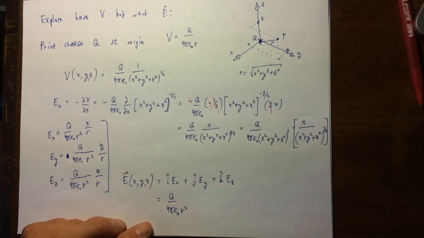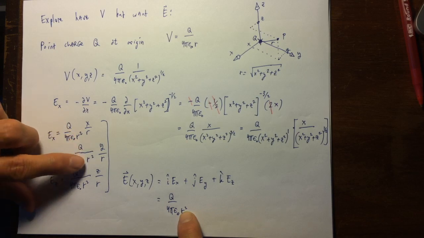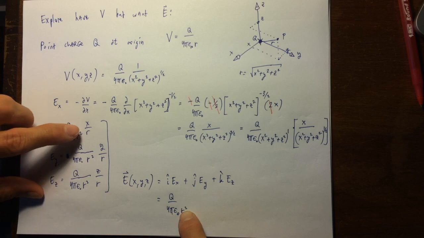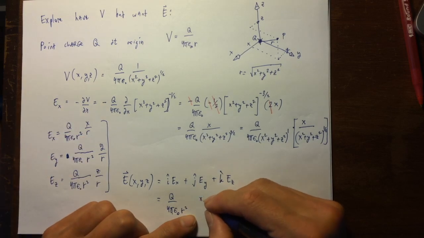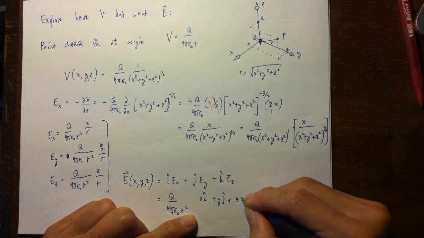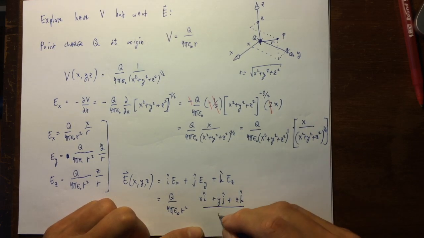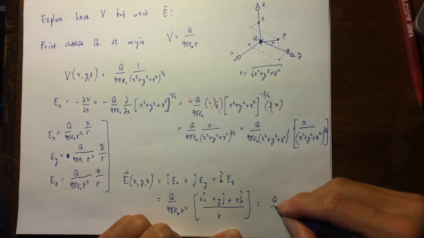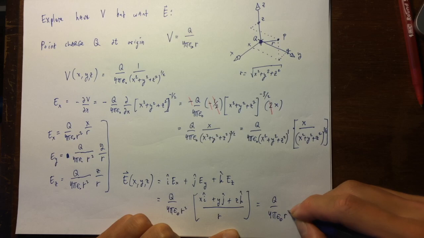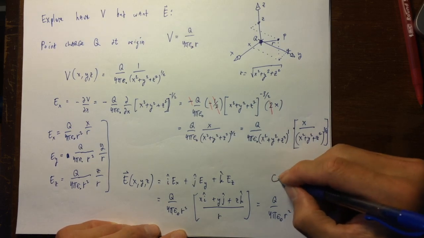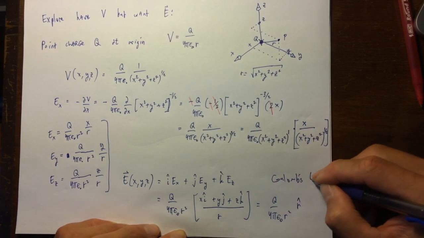So it's q over 4 pi epsilon naught r squared. Everything's got that prefactor in common. It's also got x i hat plus y j hat plus z k hat, all divided by r, right? And this is q over 4 pi epsilon naught r squared, r hat. This right here is r hat. This is Coulomb's law.